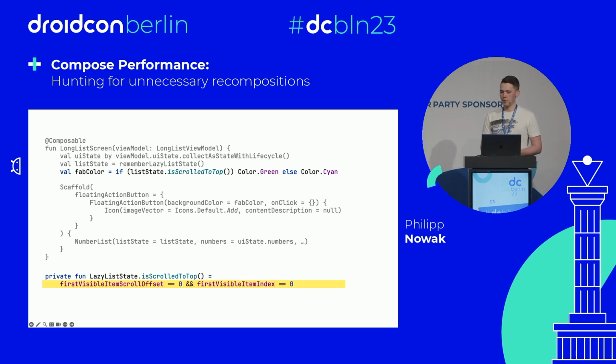So that means both values are equal to 0, or at least one is not equal to 0 anymore. We don't care for all the other numbers the accessed properties may return. Because of that, we see so many skipped recompositions every time we already left the top position of our list and the returned result of the isScrollToTop extension function stays at false.